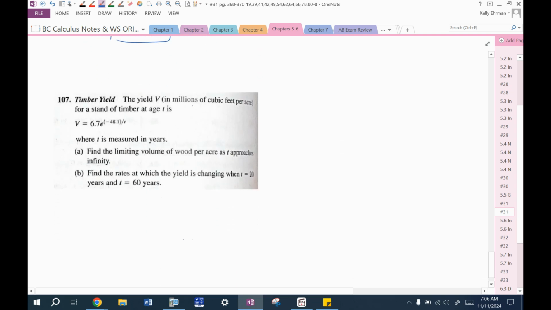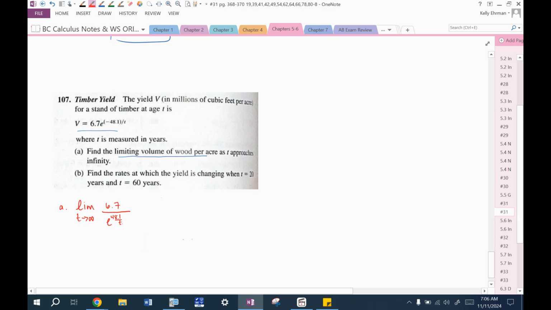The yield V in millions of cubic feet per acre for a stand of timber at age T is this. T is measured in years. Find the limiting volume of wood per acre as T approaches infinity. So find the limit as T approaches infinity of 6.7. This is a negative exponent, so I'm going to write it over e to the 48.1 divided by T power.